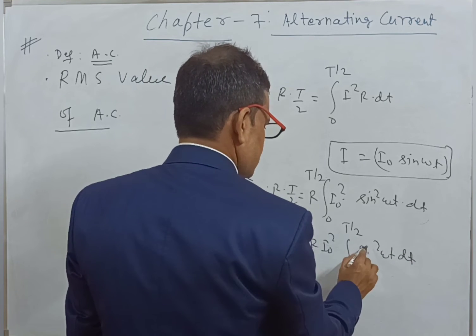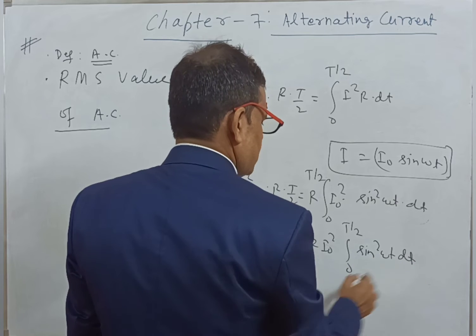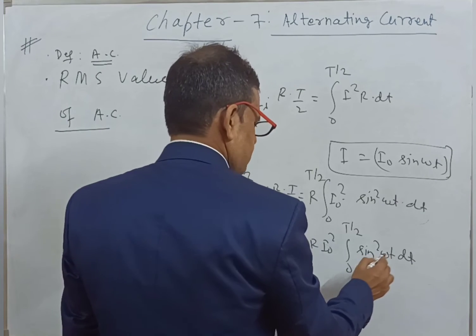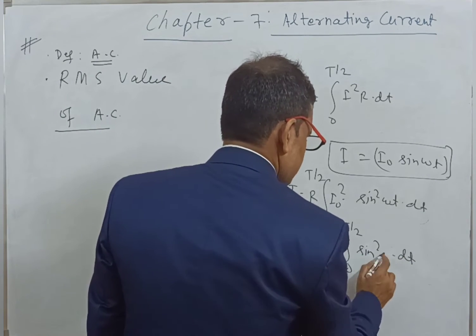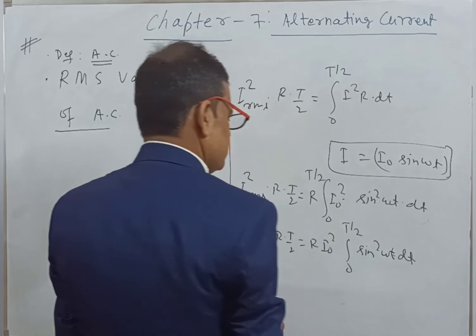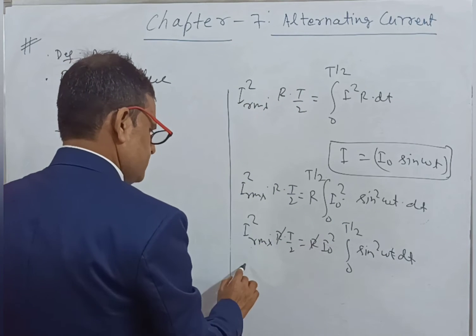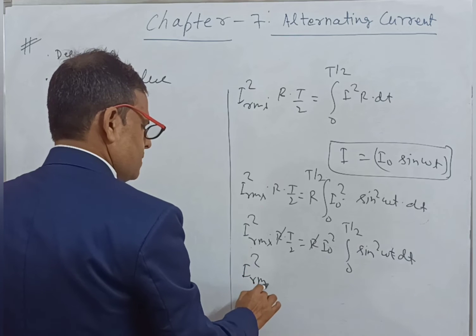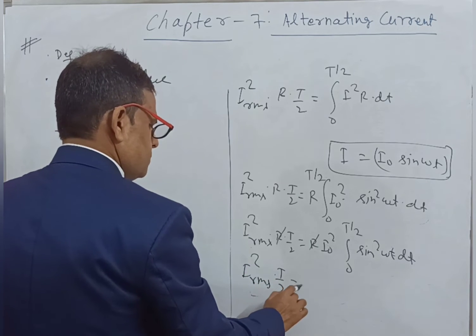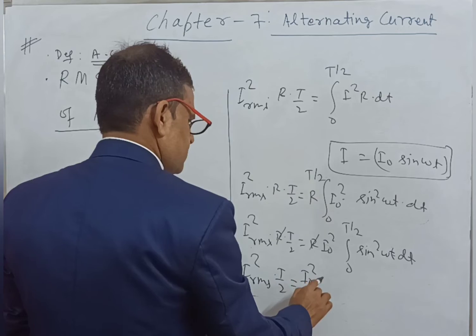This R cancels. So I RMS square T by 2 is equal to I naught square times the integral of sine square omega t dt.